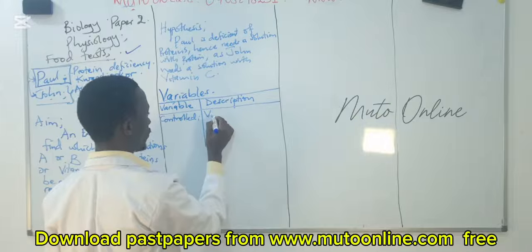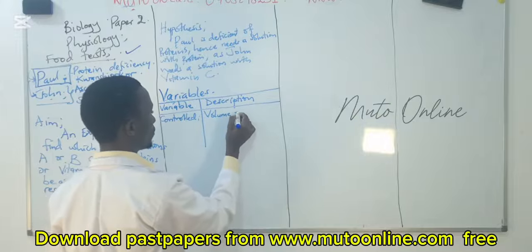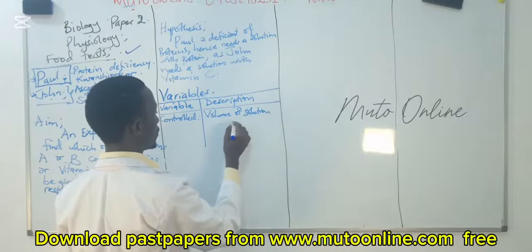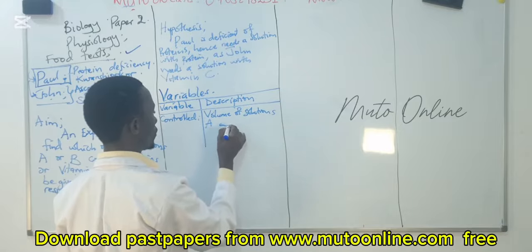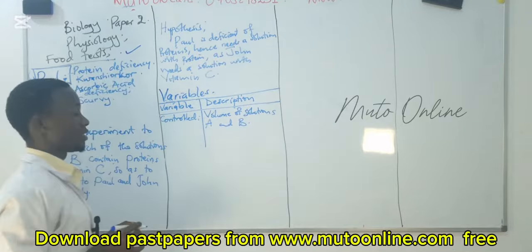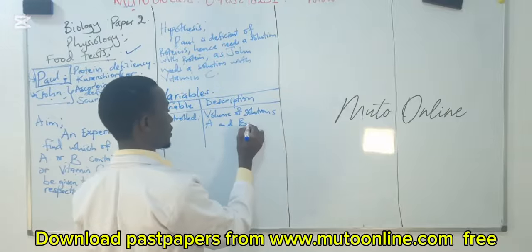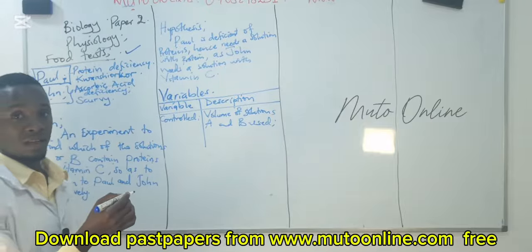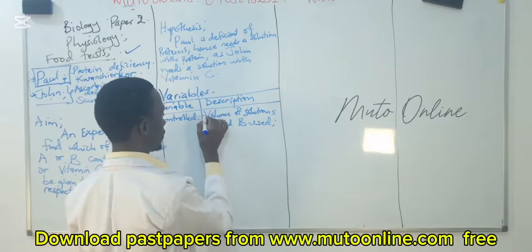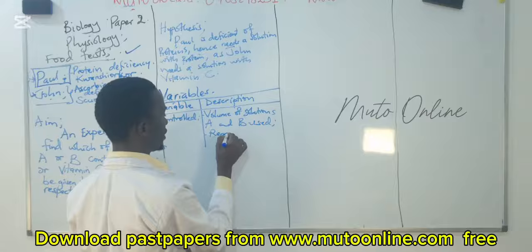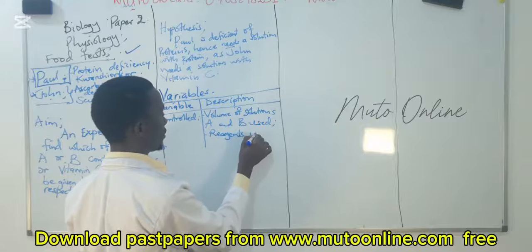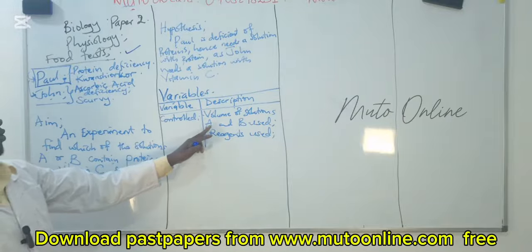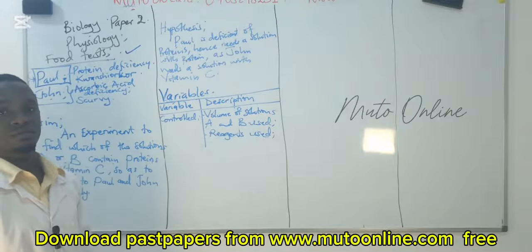For now, I'll make sure I use the same volume of solutions and be in all experiments. I'll make sure I use the same reagents. The reagent that will be used on solution A will also be used on solution B.